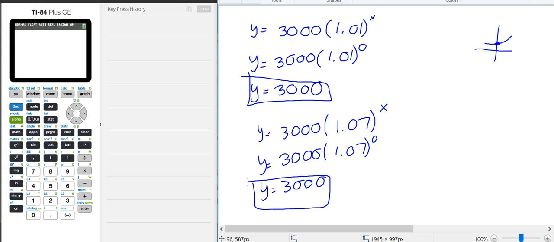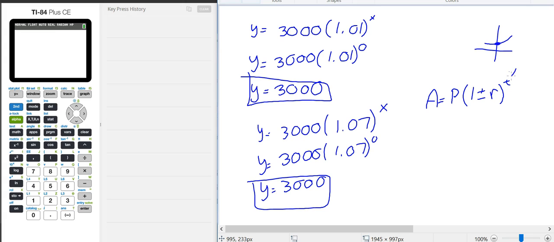Notice that it doesn't matter whatever we have in the parentheses, we're always going to get there. Our y-intercept is going to be this number before the parentheses. So if we have our exponential growth or decay function, a is equal to p times 1 plus r to the t for exponential growth, or p times 1 minus r to the t for exponential decay.